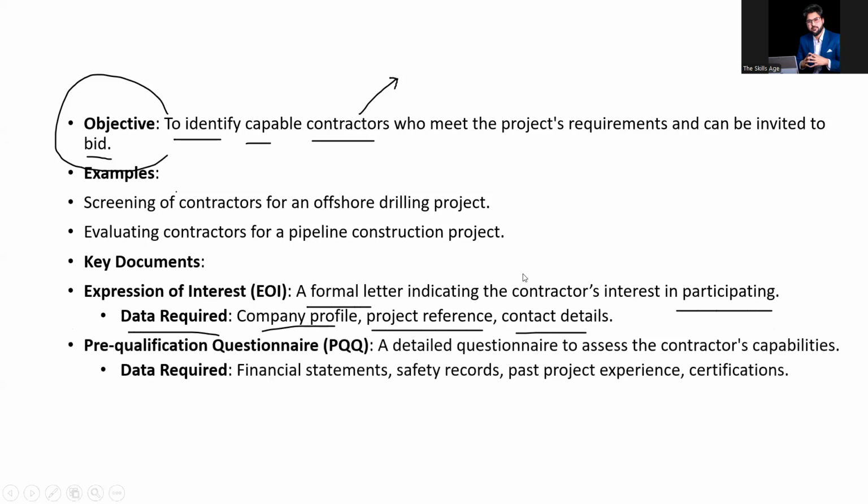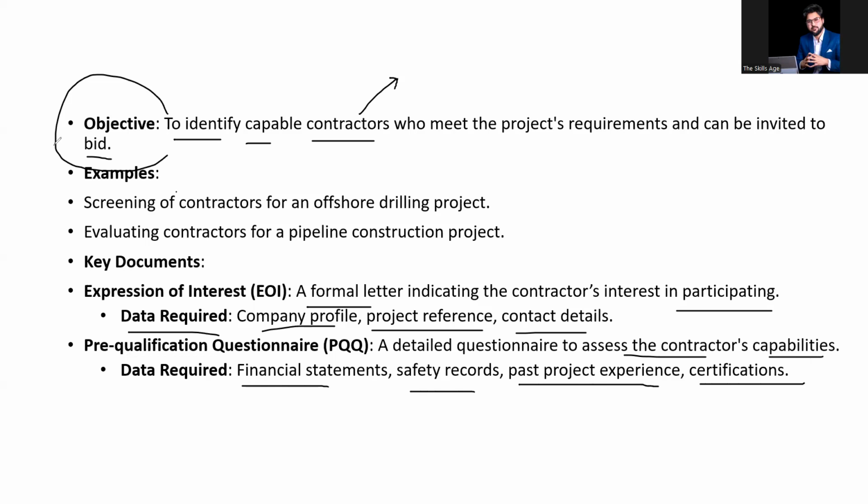The pre-qualification questionnaire document is to assess the contractor's capabilities, what kind of services they have been providing in the recent past, in their recent projects. Then financial statements, safety records, past project experience, certifications, like what kind of certified or qualified engineers or financial experts they have in their offices and all that.